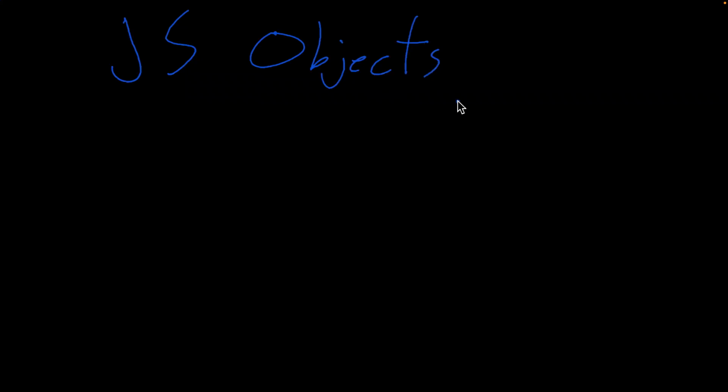Okay, who can tell me what an object is and what its use is? Anyone? Doesn't matter if the answer isn't completely on point, but we need some feedback here.